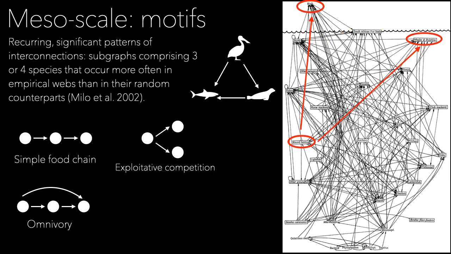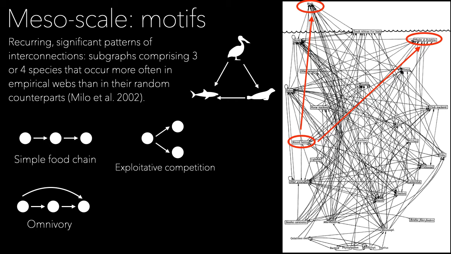Another quite important motif is what is called exploitative competition. In this case, we have two predators feeding on the same prey. For instance, as we can see on the right, we have birds and whales and dolphins that are feeding on round herring.